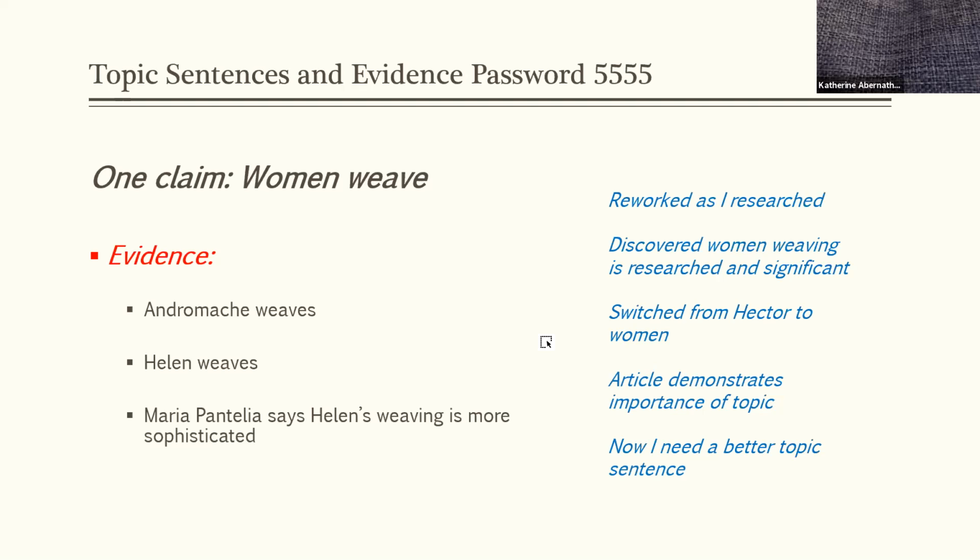If you think about Andromache, she's pretty persuasive when she talks to Hector, telling him, please don't go into battle. And his mother is also kind of persuasive. They don't persuade him, but their speeches are well done. The rhetoric is good. So we could do a study of that. So we could talk about their weaving, their spinning and speaking.